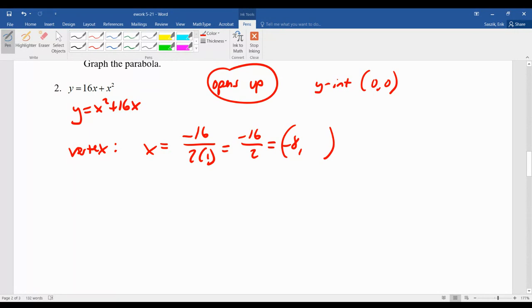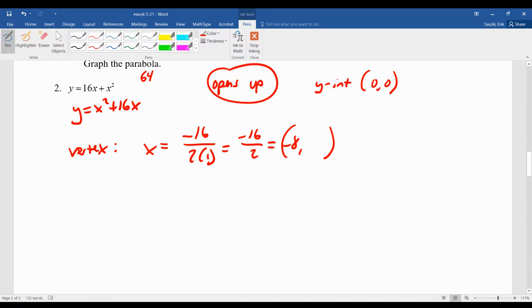Now remember, we've got to plug that in. So if I plug -8 into x squared, -8 squared is 64. And then I'm going to have -8 times 16.